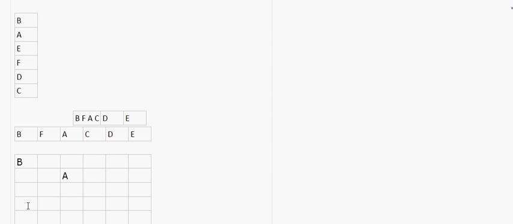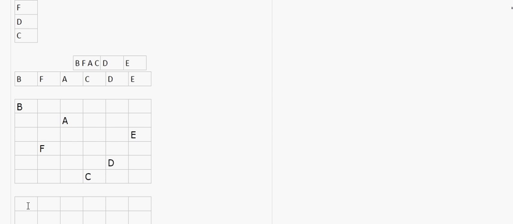Then comes E. E is on the third row, and E is on the last column as well, so E comes here. Then F. F is second from B, so F comes here. Then D. D is here, and then finally C. C is here. So this is one set.